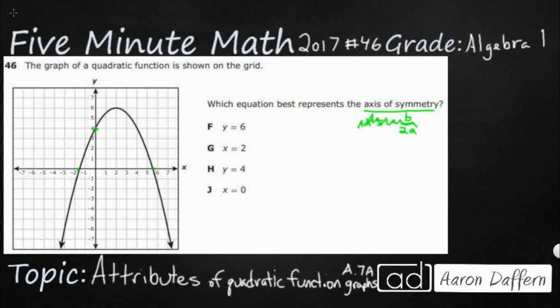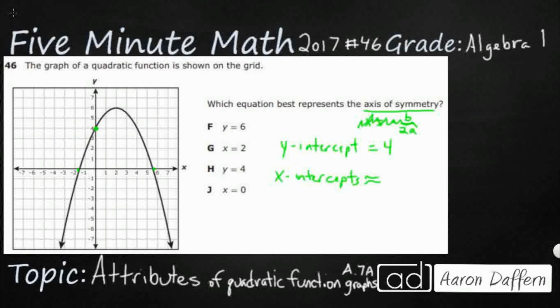The y-intercept is where the graph crosses the y-axis, and that's going to be at 4. Technically, it's (0, 4) if you wanted to graph it, but we know that the x value of any y-intercept has to be 0. Looks like our two x-intercepts are going to be fractions, so we're just going to guesstimate them.